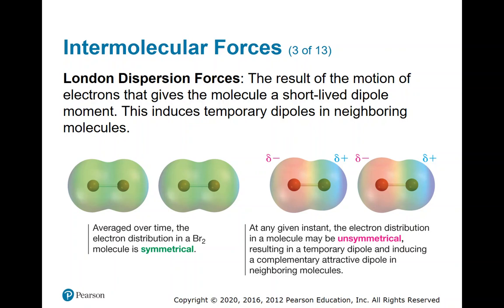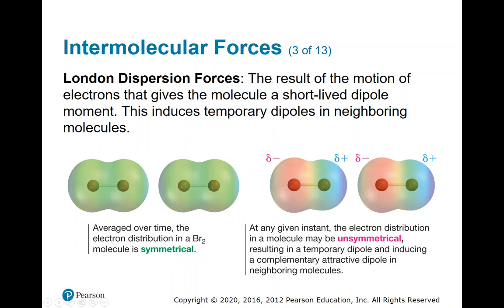So, for instance, that molecule on the left in the heat map diagram, the electrons might spontaneously happen to exist in a higher density on the left side of that molecule. If something like that happens, it actually induces other temporary dipoles in adjacent molecules.